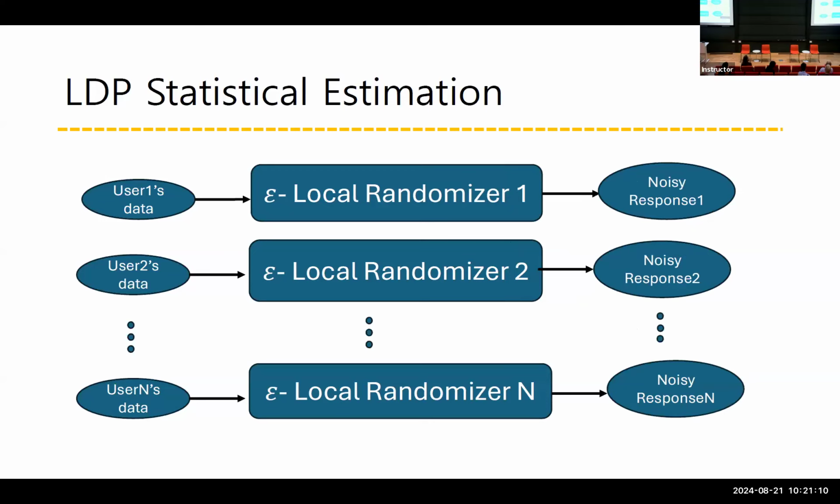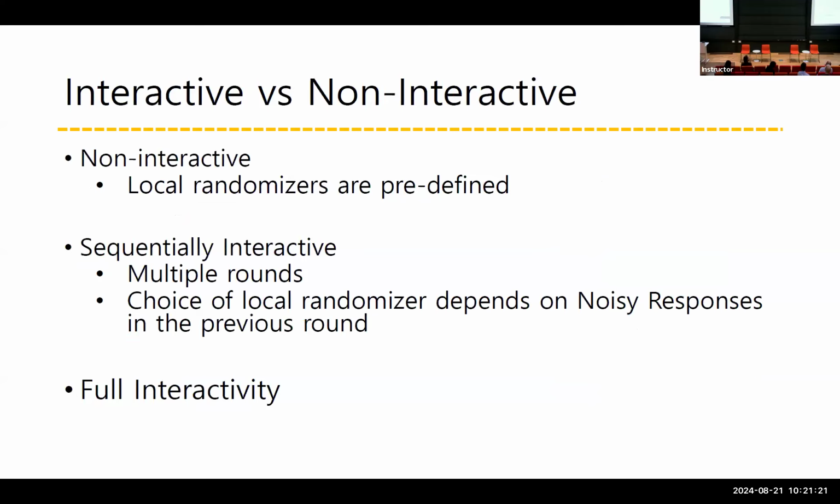One important note here is that we have interactive and non-interactive algorithms for LDP, local differential privacy. What is the difference? In the non-interactive setting, we choose the local randomizers a priori, before seeing any information about the data, and the users run the local randomizers as we predefine.